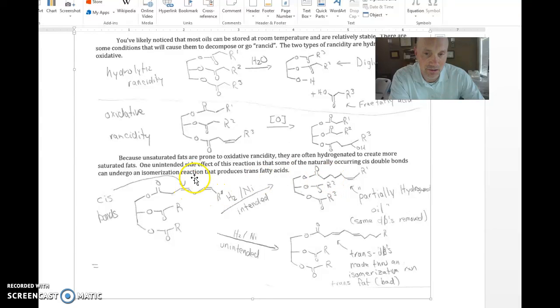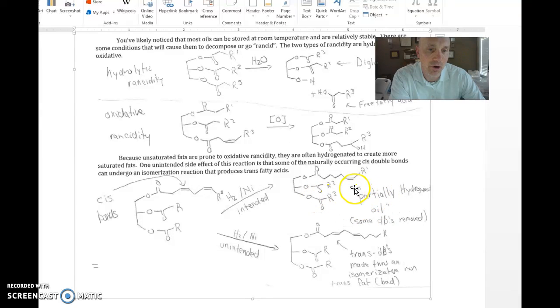That happens because you're adding hydrogen to those carbon atoms, and when that happens, you end up getting rid of some of those double bonds. That process is called partially hydrogenating, or that creates partially hydrogenated oil.